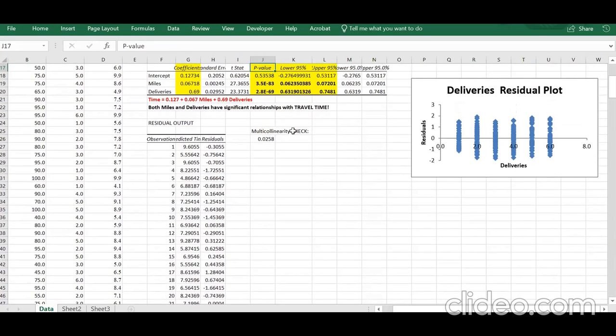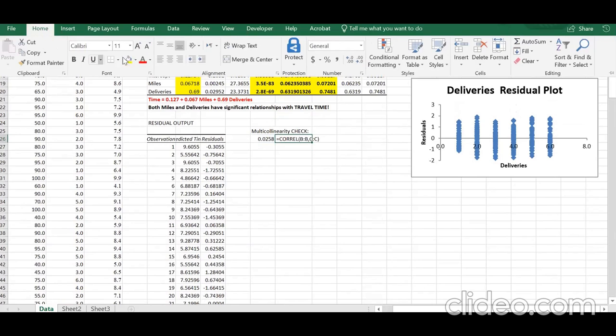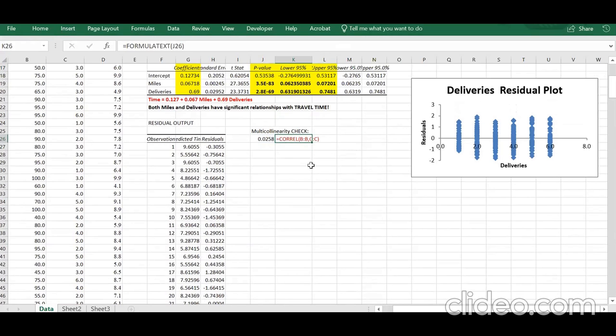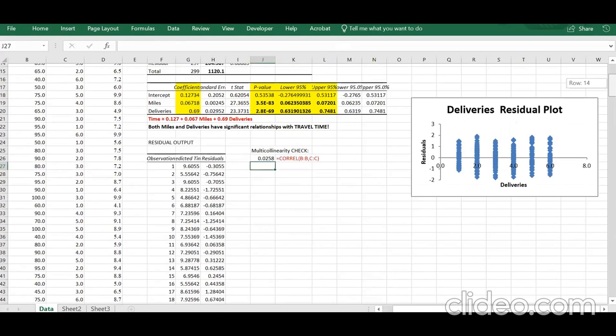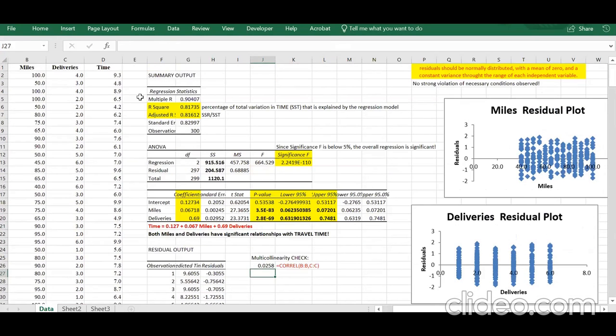All right. So correlation between only the independent variables. We love to have large correlations between independent variables and time here. That's not a concern, right?